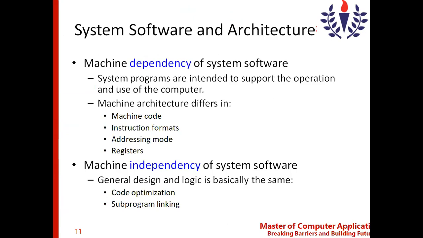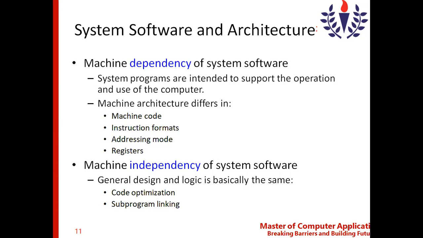Coming to the next concept, that is machine architecture. If you take the system software, the different types of system software are different examples of this, wherein some of the features can vary according to the machine, and some of the features don't change. They will not vary according to the machine architecture.